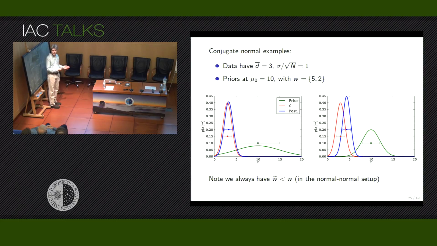And so you might think that inferences should reflect that by somehow either being broader or maybe having two bumps. There are likelihoods for which that will happen, but the normal isn't one of them. A property of the normal in this setup we've already mentioned, it's conjugate, so the posterior has to be normal. So one particularly weird thing about this situation, the prior seems discrepant with the data, but the posterior is higher than in this case, where the prior seems to agree more with the data.